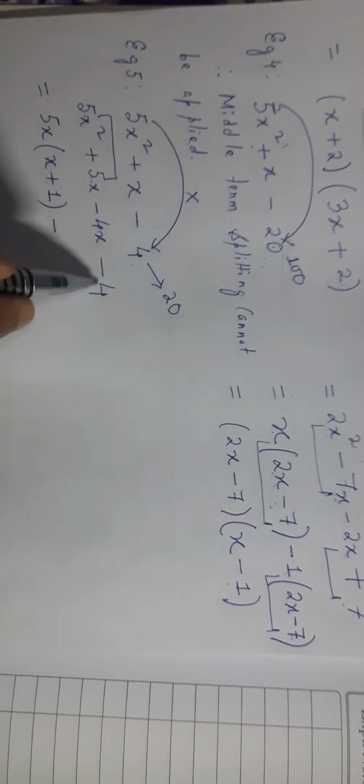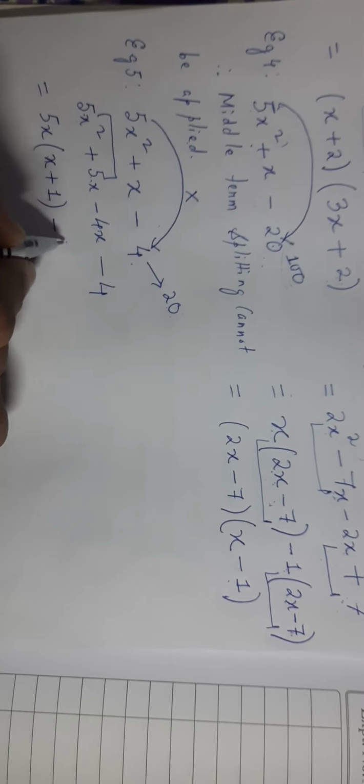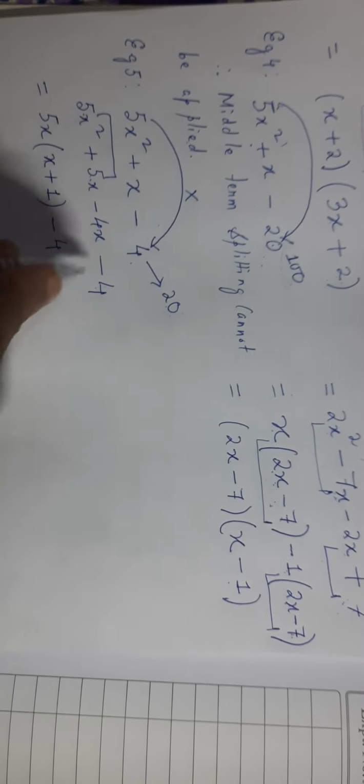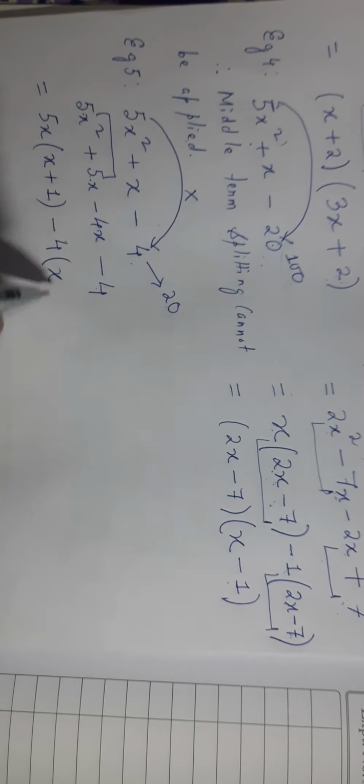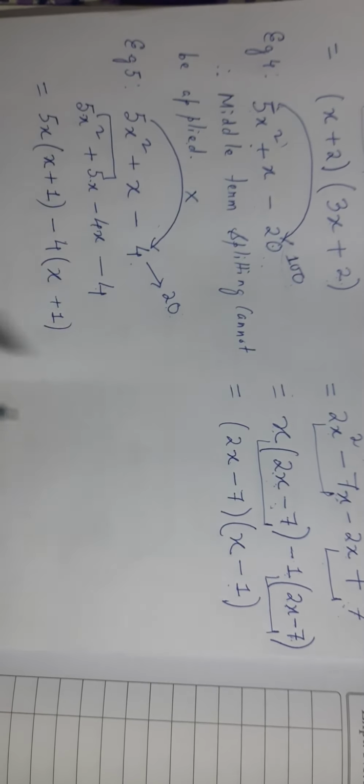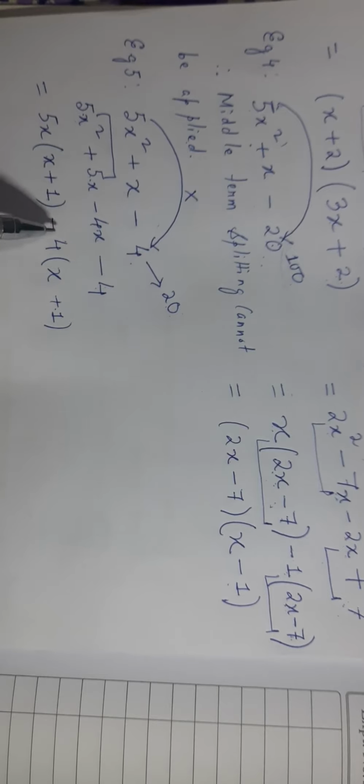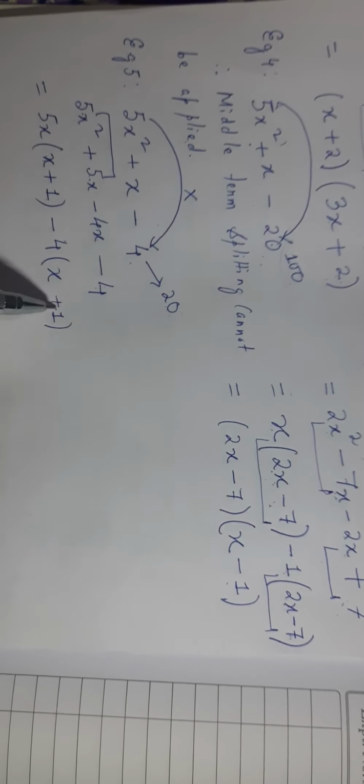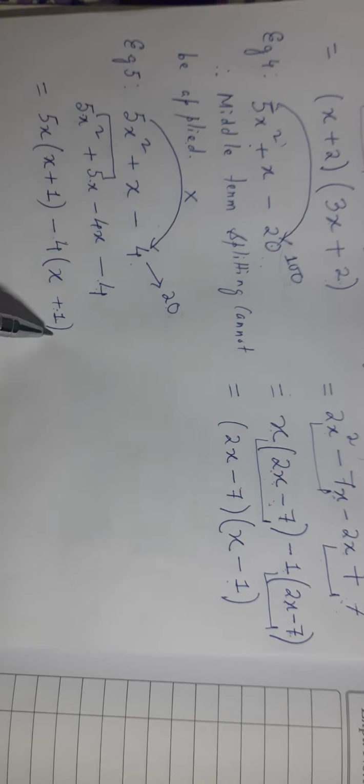Then from here we can take minus 4 common, so we are left with x plus 1. Here it is plus 1 because minus 4 into x is minus 4x, and minus 4 into plus 1 is minus 4. So inside the bracket it will be x plus 1.